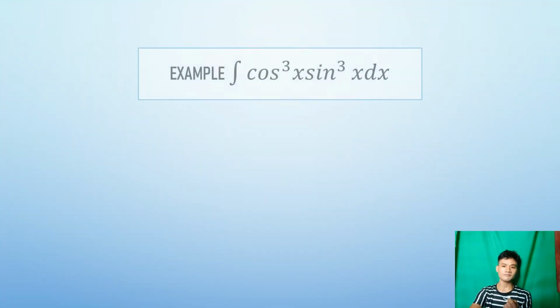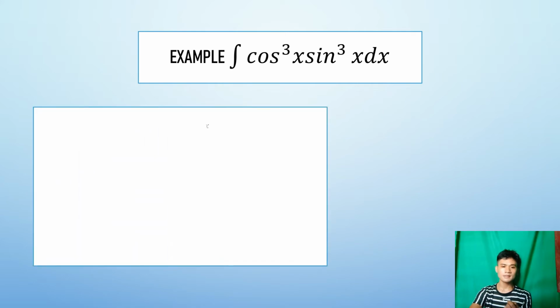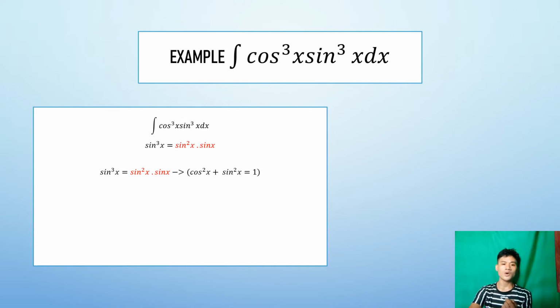So the second example is the integral of cosine cubed x sine cubed x dx. The same process: we just find the value of sine cubed x, which is equal to sine squared x times sine x, and disregard the cosine cubed x for now.